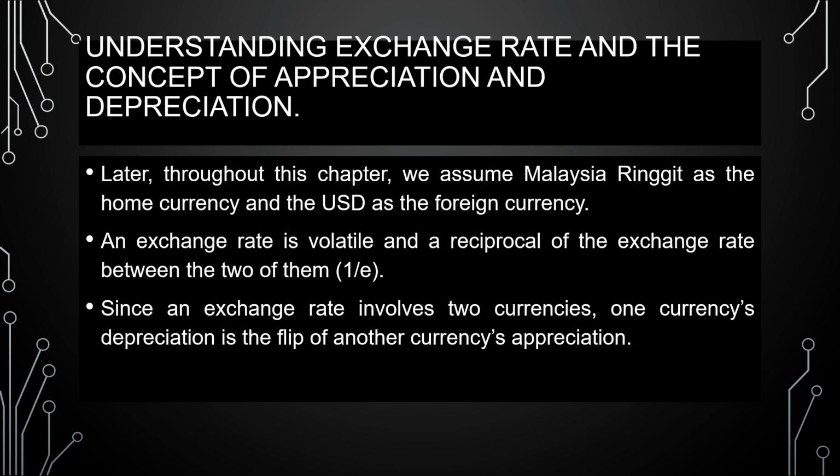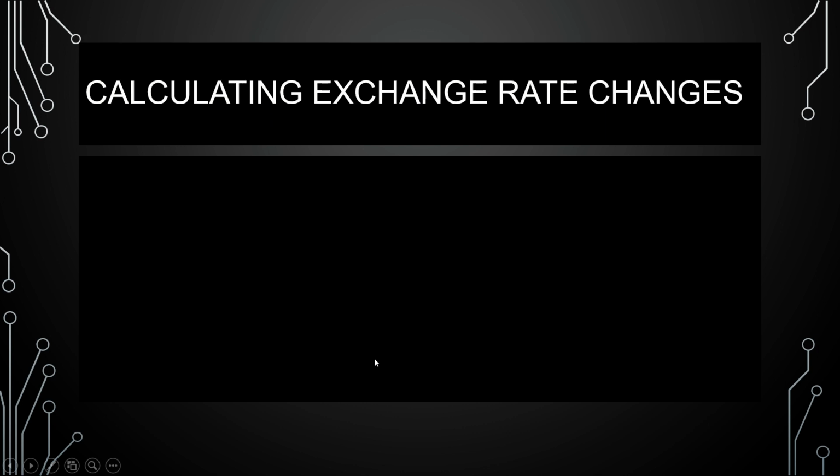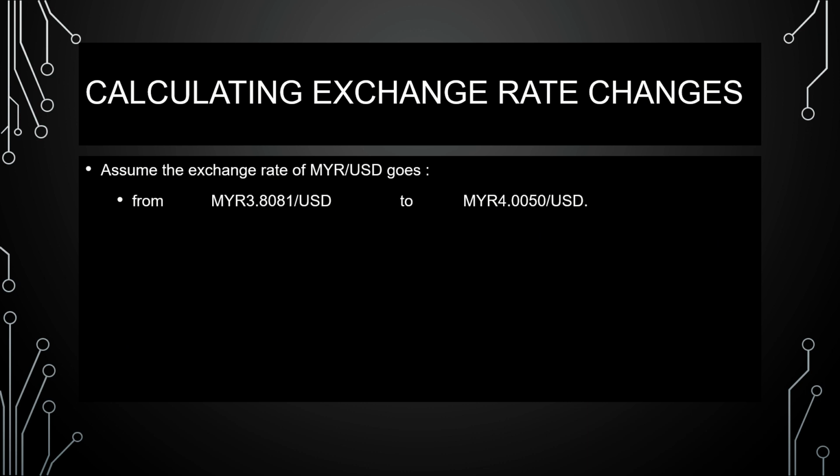As you can see, our currency has depreciated. When ringgit depreciated, at the same time USD appreciated. Are you with me? That's why one currency's depreciation is the flip of another currency's appreciation.